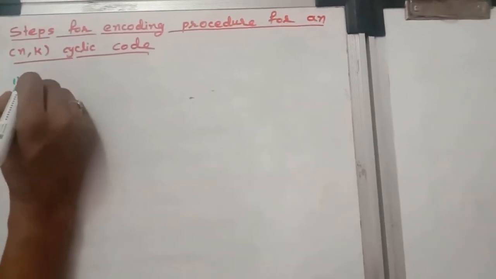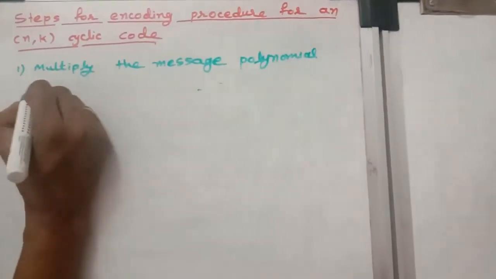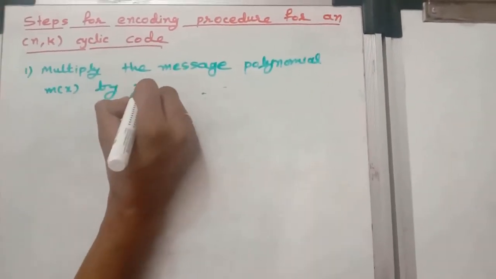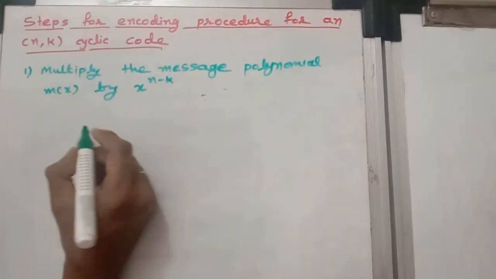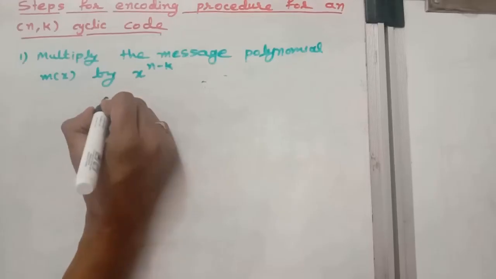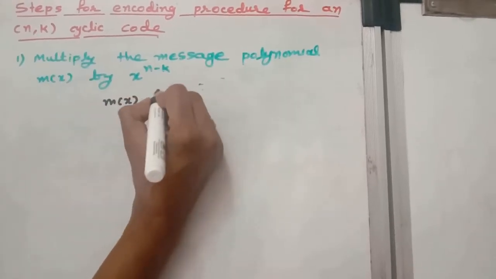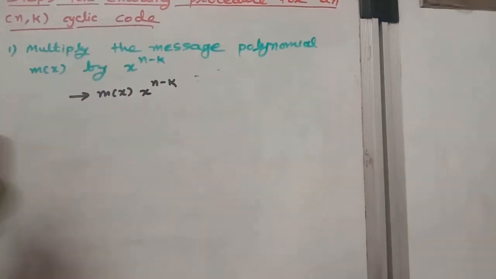First step is to multiply the message polynomial, that is m of x, by x raised to power n minus k. How do we get it? Multiply m of x and x raised to power n minus k. This will be our first step.